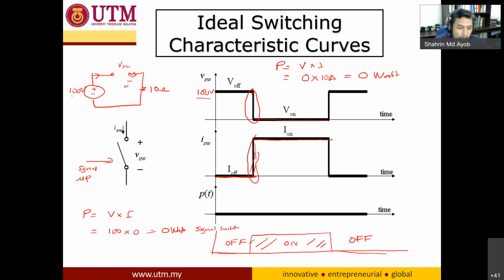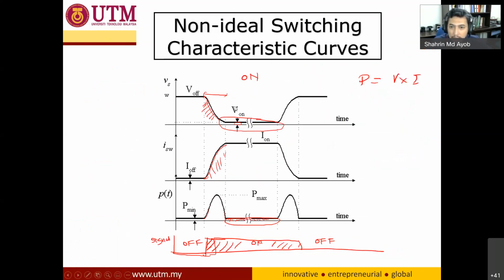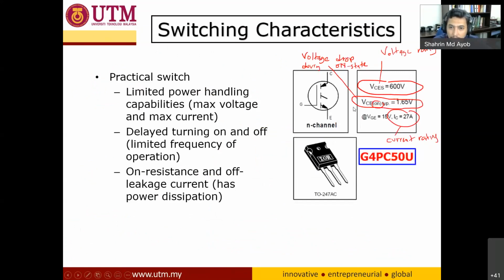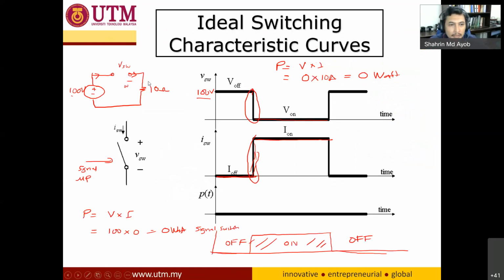Meaning that if you put in a transistor with a rating of 600 volt, then it's okay, because 100 volt is lower than the 600 volt rating.